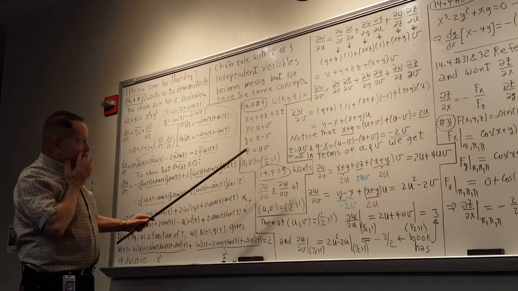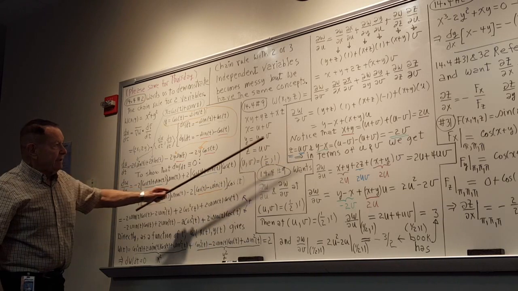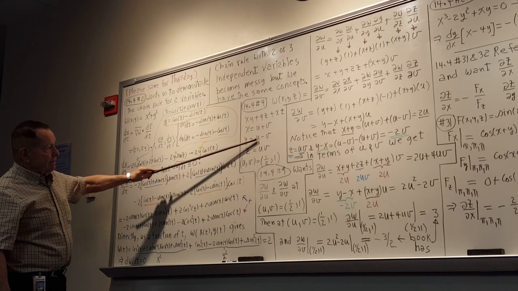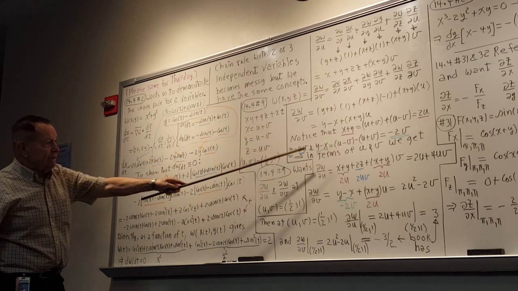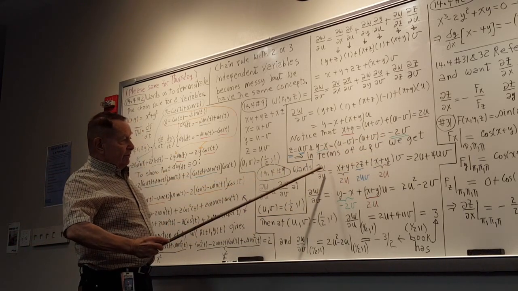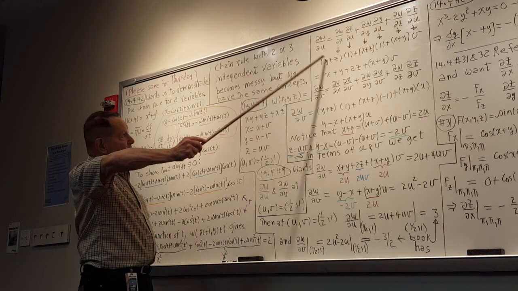And in the same way, if you go back here, Z is UV, and then Y minus X would be U minus V, so minus 2V.